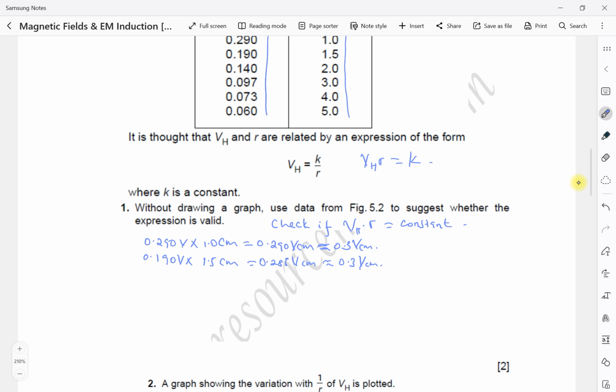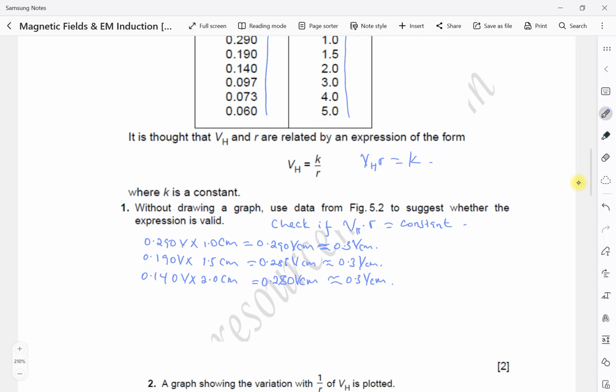I will check the third one, 0.140 volts times 2.0 centimeters. This is 0.280 volts centimeters, which is approximately 0.3 volts centimeters.